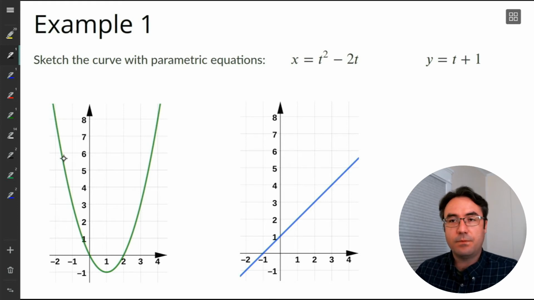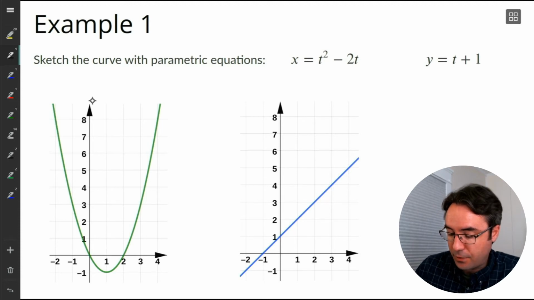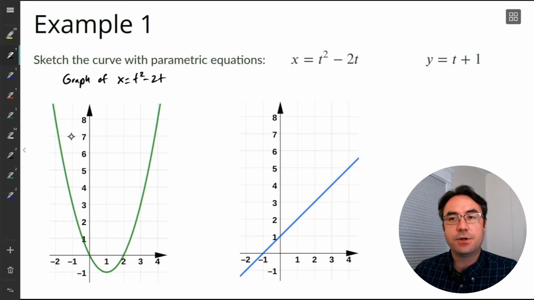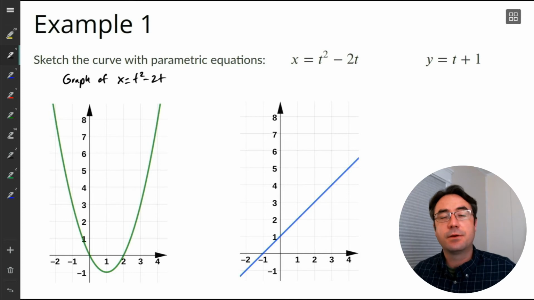that also has its own graph. So, we might have the graph of our x function, t squared minus 2t. And if we're thinking about just the graph of this function, this is just a regular function that we've seen before.